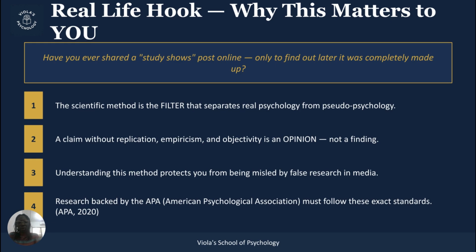So when you understand this method, you become harder to fool. That's it. Look at the methods very well. You can apply them in your life. And in 2026, this is one of the most genuine, valuable things that psychology can give you.